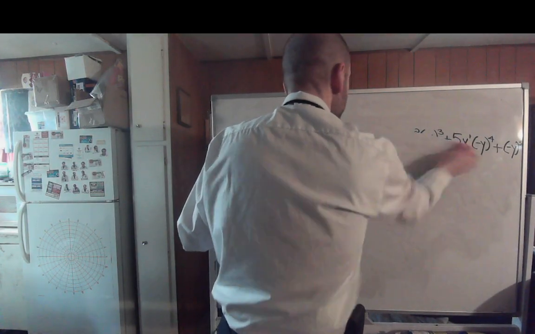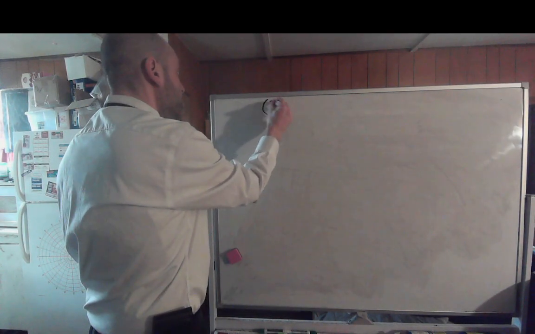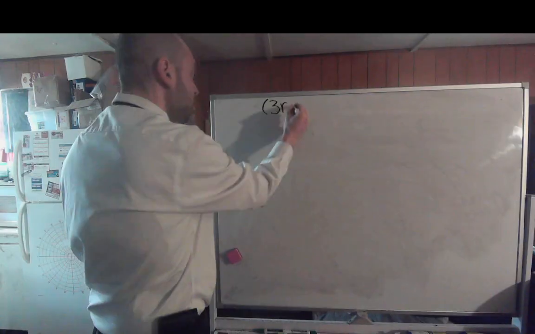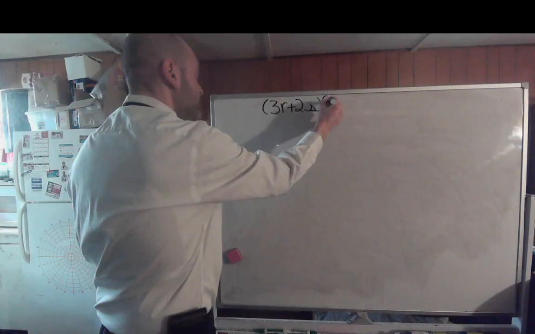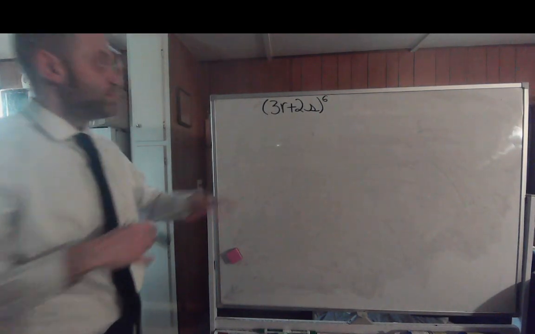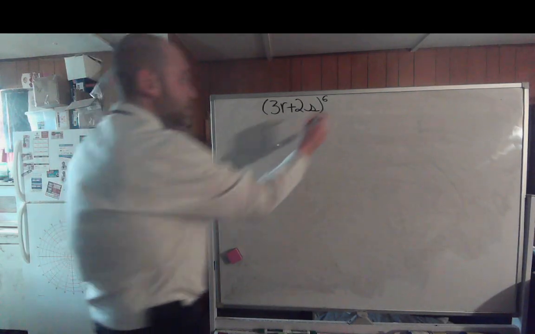All right, now let's see here. Here's a big one. We're going to take 3r plus 2s to the sixth. So we're going to expand 3r plus 2s to the sixth power, okay?